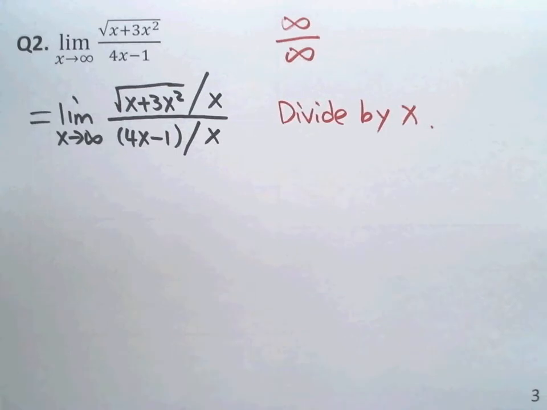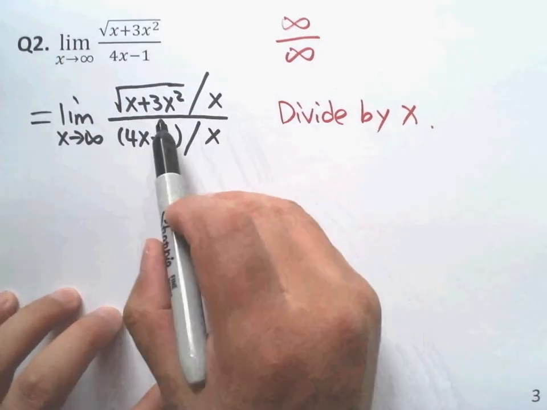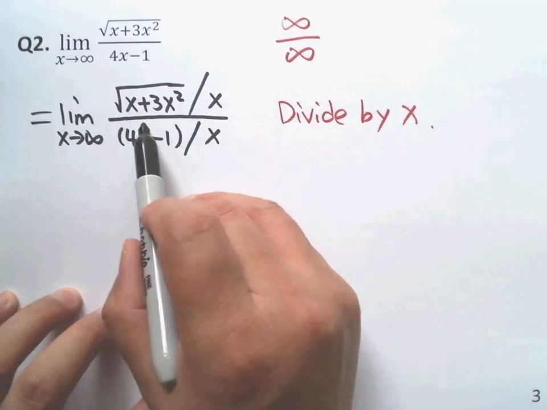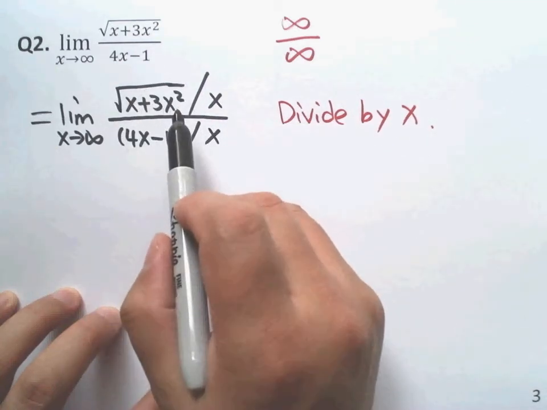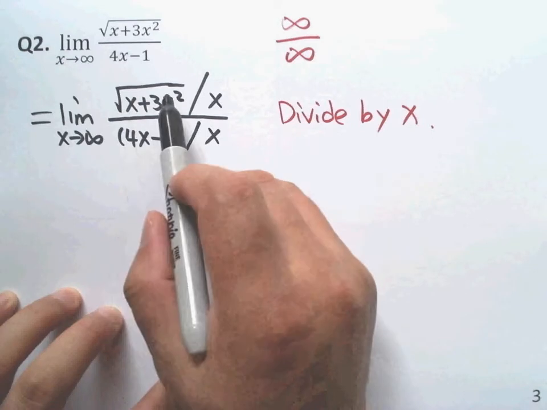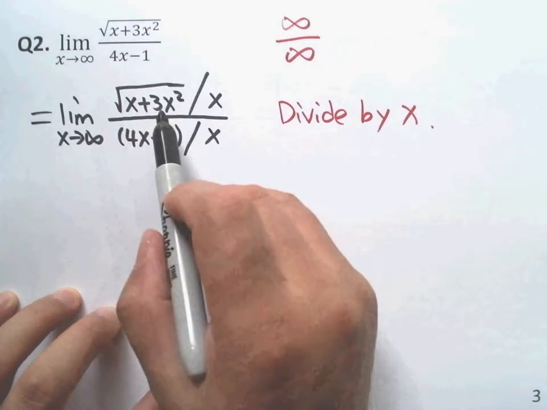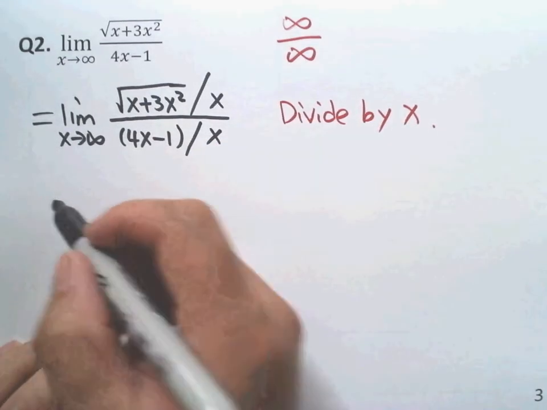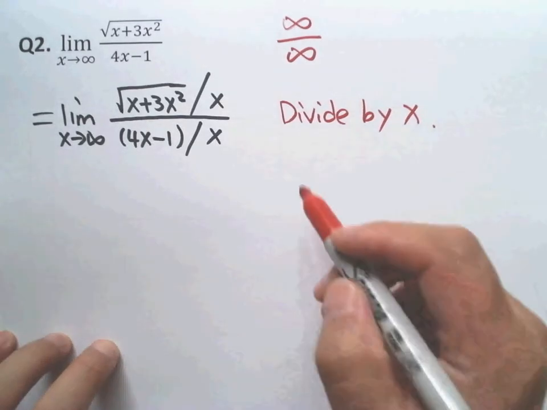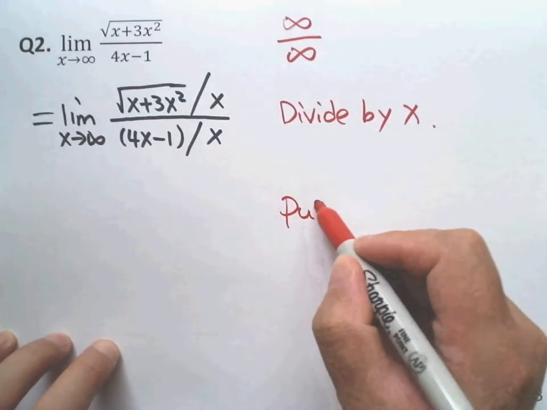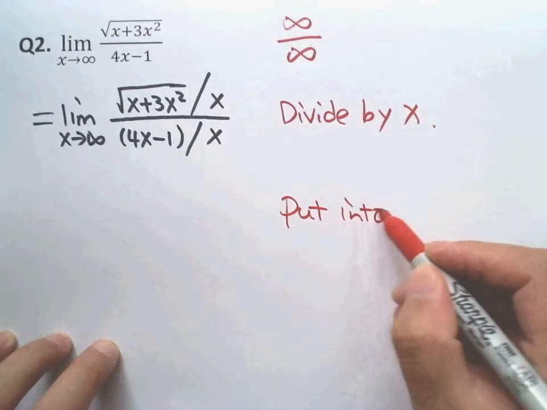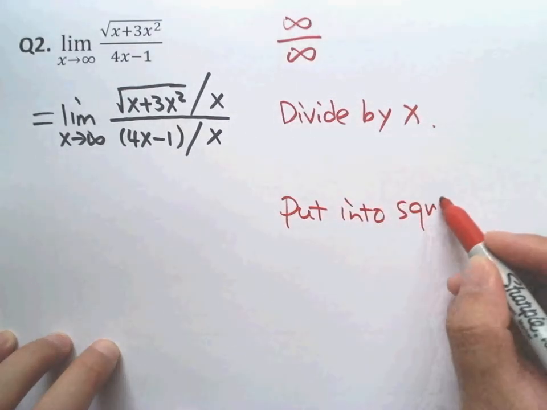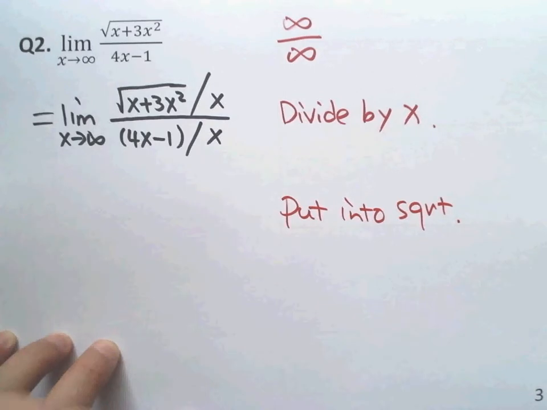So dividing by x means dividing by x squared inside the square root. Does that make sense? So we simply put this x into the square root.